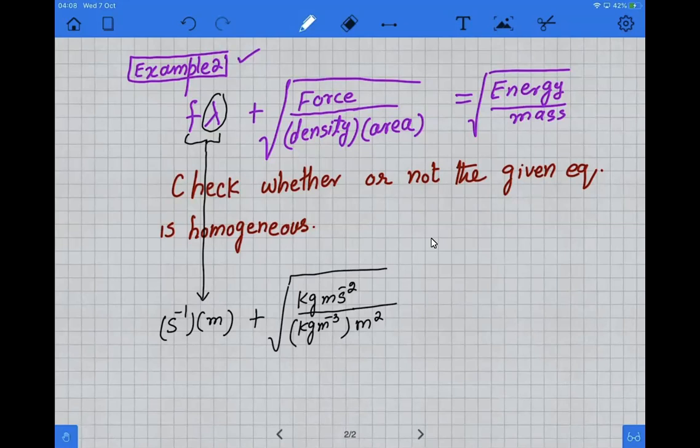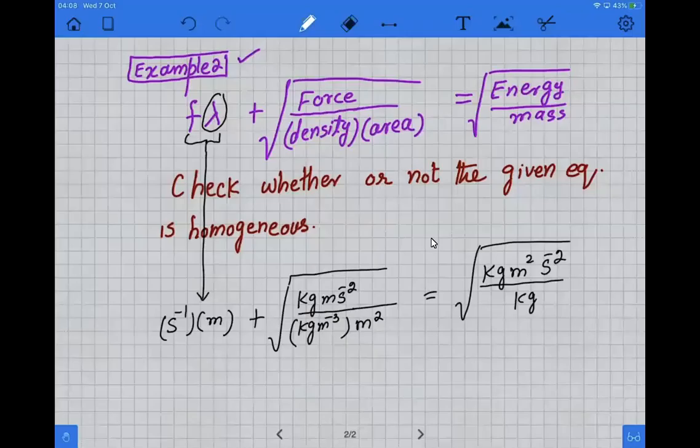That is the problem. If you write a fraction in the numerator or a denominator, then fractions with fractions become difficult to solve. On the right hand side, we have unit of energy is kilogram meter square second minus 2 and unit of mass is kilogram and the under root of this. So basically kilogram is cancelled out with kilogram.